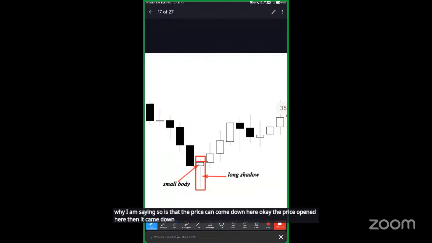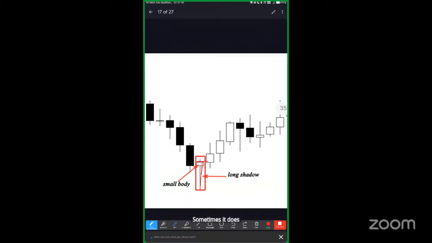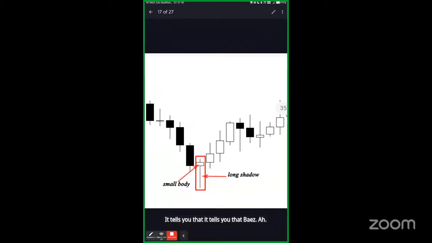When it started to go up, sometimes it does not pass the opening. It might close below the opening. So it will still remain a red candle, but with a long lower shadow. It tells you that buyers are trying to organize momentum.